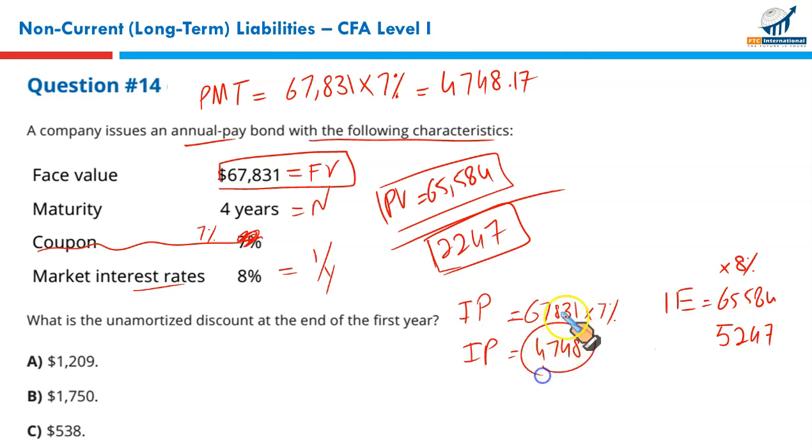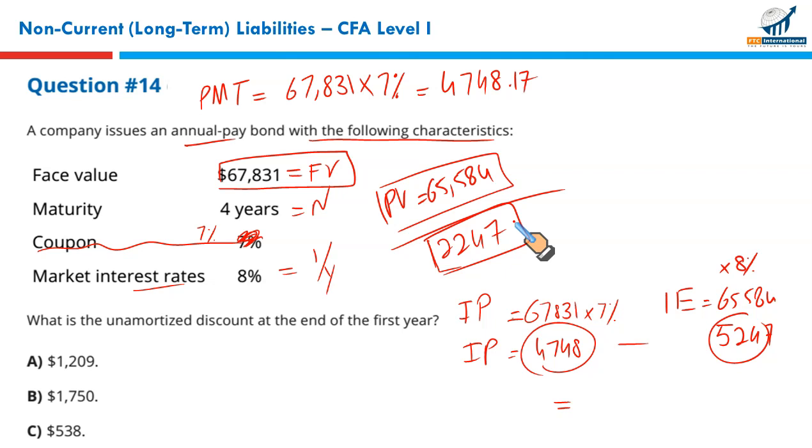This is what you have paid, par multiplied by coupon. This is the expense, book value multiplied by the effective rate. The difference between the payment and the expense for the first year is the reduction in the discount, called the bond discount amortization. The difference between these two is 4748 less 5247.